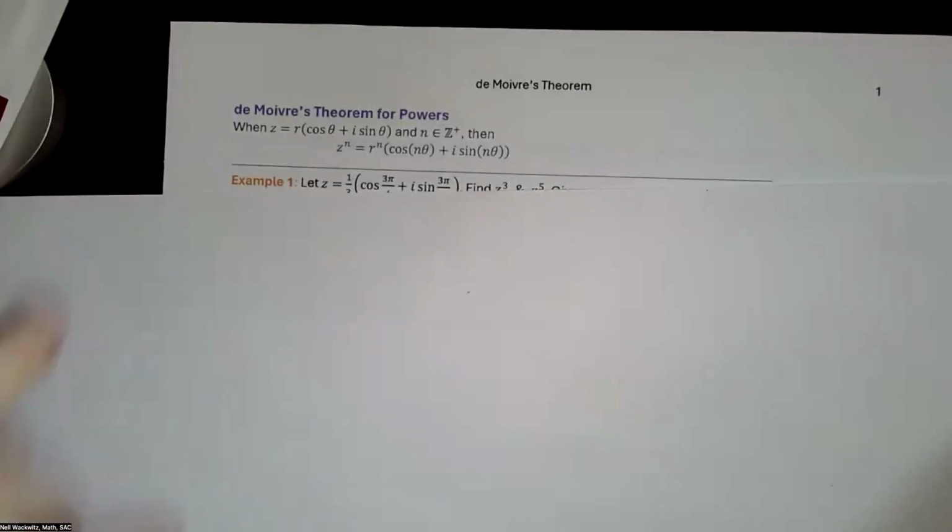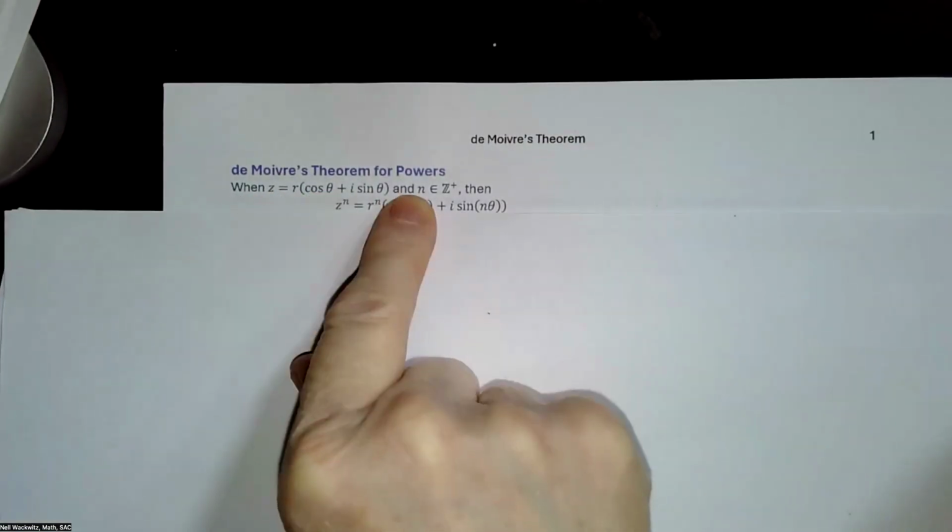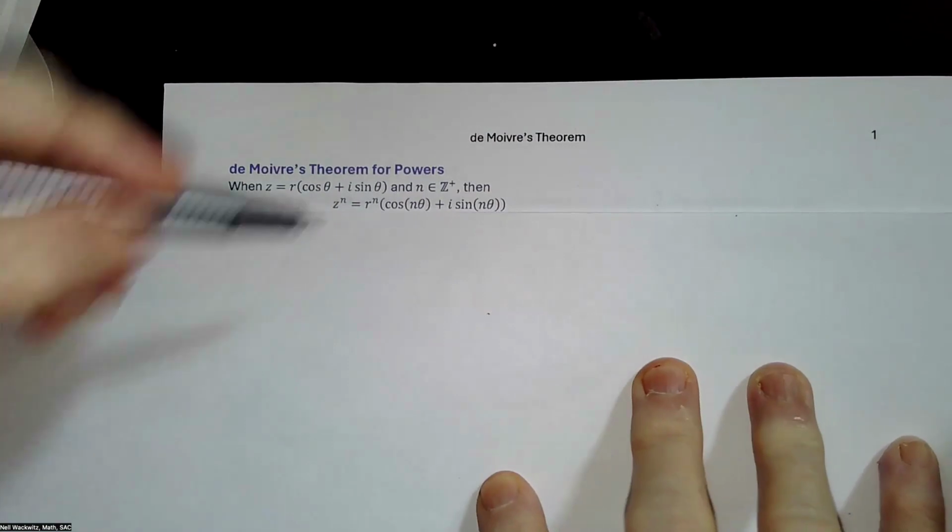What I'd like to do is show you how de Moivre's theorem for powers is derived.